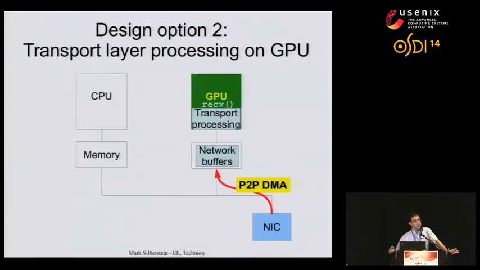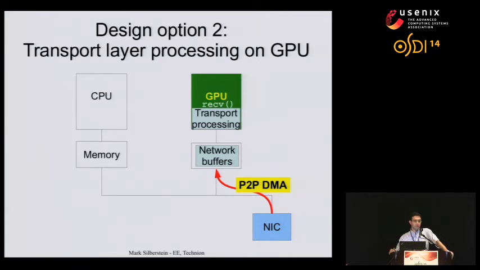Another option, kind of another extreme, is to put network data directly into GPU memory and then perform transport layer processing in the GPU. Now, GPU programs really have fun with that because we eliminate the extra CPU-GPU memory copy. Also, we take advantage of this advanced hardware functionality called peer-to-peer DMA.